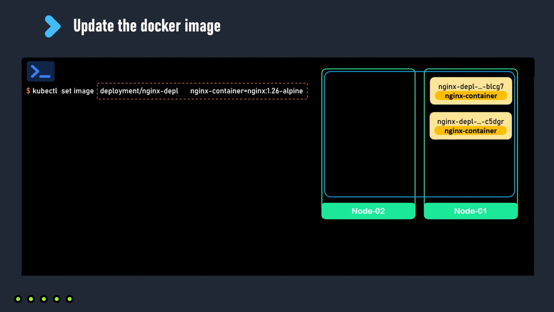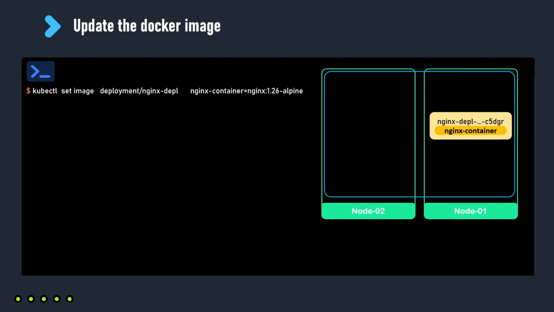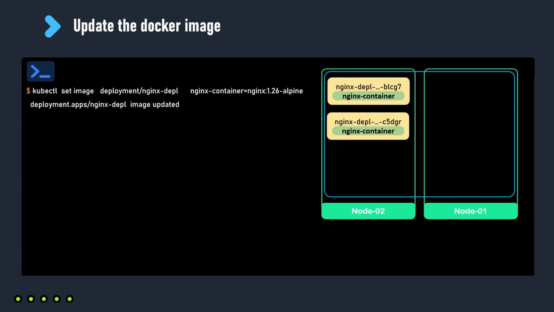instead of the image mentioned in the YAML file. And by default, the deployment will use the rolling update strategy to update the Docker image. To check the rollout status, we use the kubectl rollout status command, followed by deployment/ the name of the deployment.